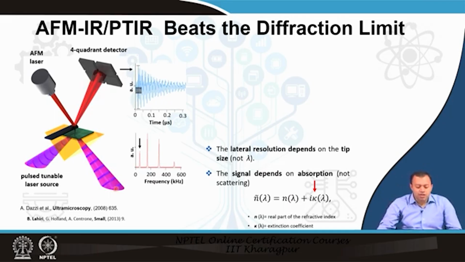And then the frequency of these pulses is tunable. You can tune it from say 1 micrometer wavelength to 2 micrometer to 3 micrometer to 10 micrometer wavelength. So, depending on the amount of money you have, you can tune the frequency, that is the energy, that is the wavelength of these pulses.